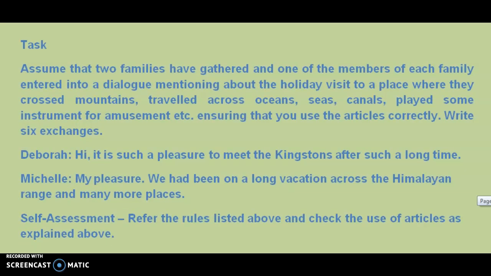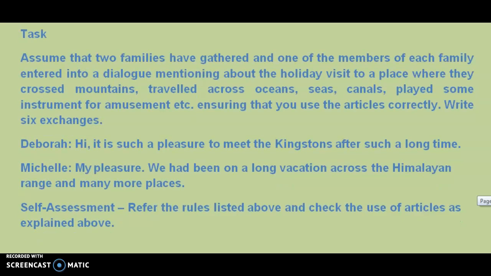Write about 6 exchanges. The example should not be counted in the 6 exchanges. You have to write 6 exchanges of your own. An exchange means one expression of a person and the reply of another person. Together it is known as one exchange.